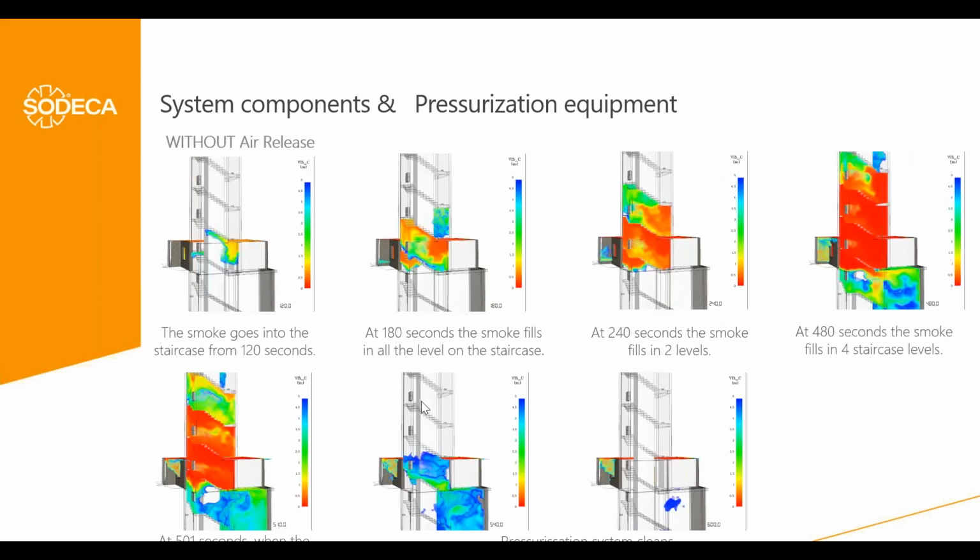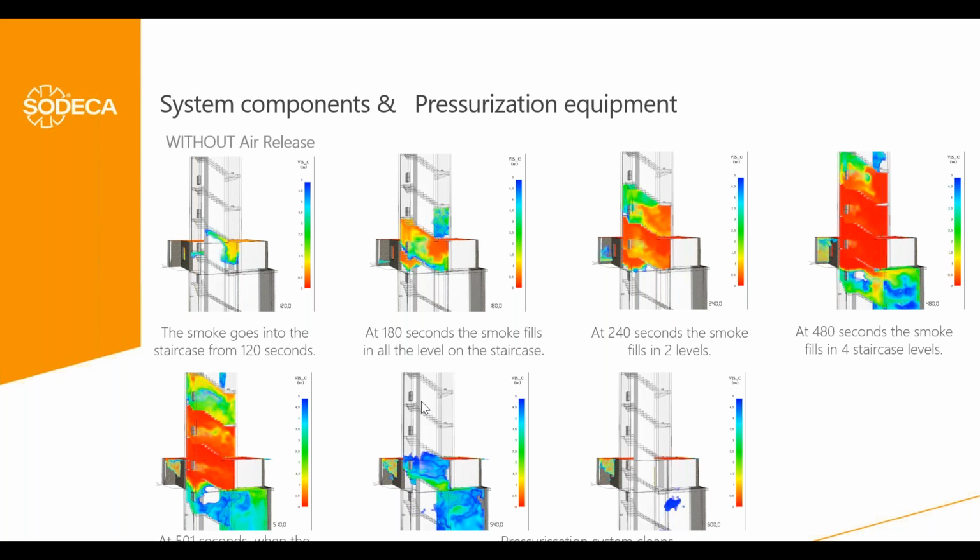This we can see with this CFD analysis that we carried out for a specific project here in Spain. In that case, we analyzed what happened if this air release is not present in the non-protected area.